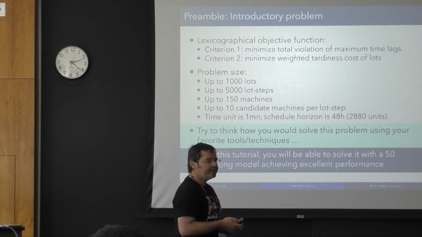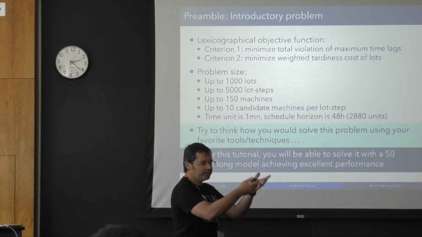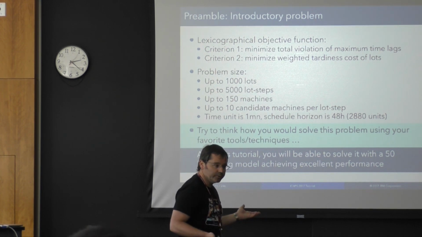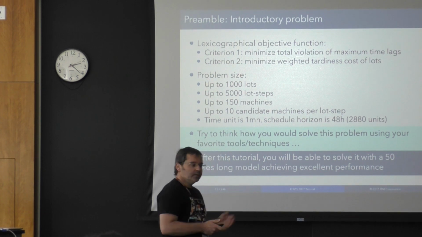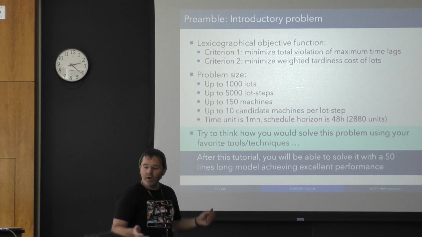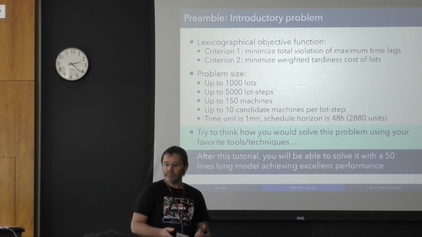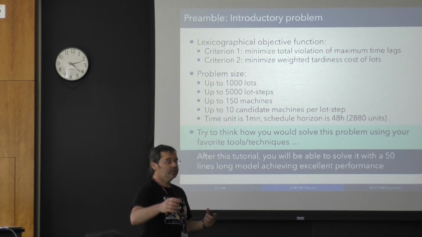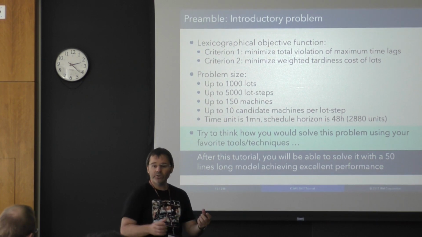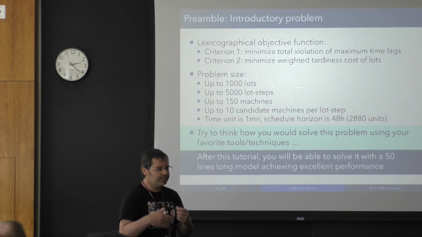For a given step, there are 10 possible machines where you could execute it. And you have to choose which one, of course, in the schedule. So the main decisions of the problem are which machine you choose for the steps, how you sequence the steps on the machine, how you perform the batches together, and so on.